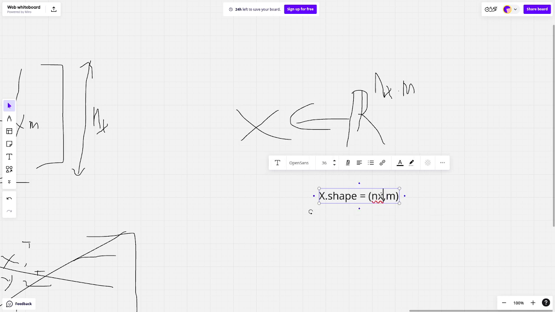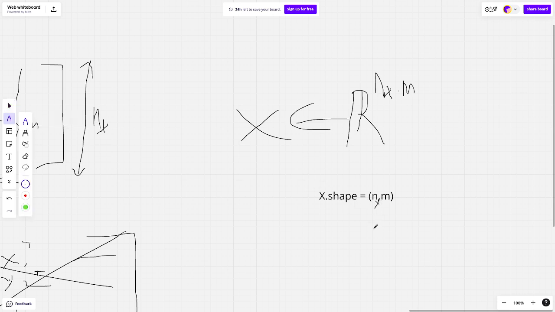Remember guys, nx is a subscript. I'll just write that with the pen so that it will be easy. So this is nx, the same thing, nx times m, and that is the whole thing behind it. That is how we group the training examples: input x into the matrix, and then the output labels y.